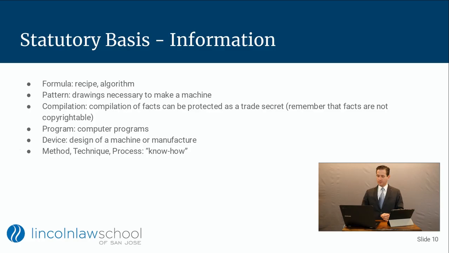So when we look at information, one, think in the back of your mind, what is the competitive advantage being given here? And two, what actions are being taken in order to maintain that secret aspect of it? With that in mind, let's take a look at what actually constitutes information.